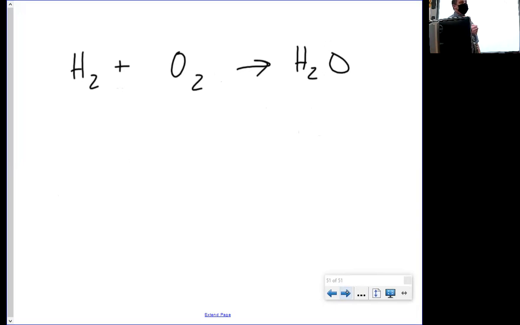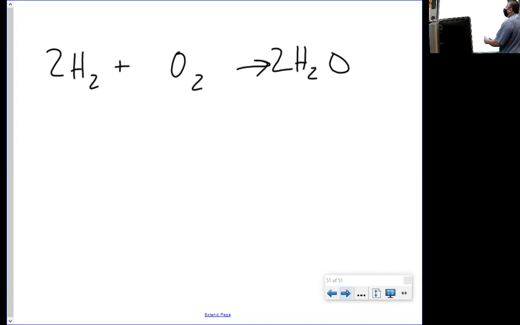You've got to have a balanced equation before you can do anything. 2 hydrogens, 2 hydrogens, 2 oxygen, 1 oxygen, 4 hydrogens, 4 hydrogens. Okay, same exact thing for this. The difference is, instead of talking about pieces, we go back to use that unit of measurement to see how much do you have, which is moles.